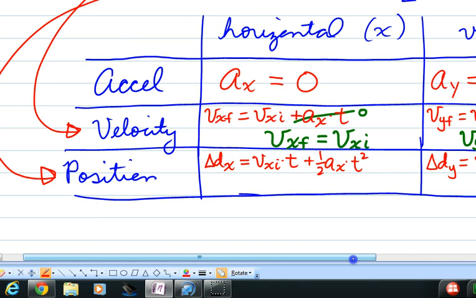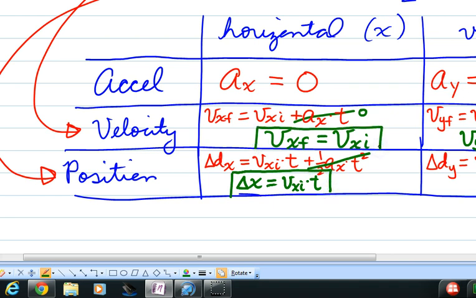So there's position. We'll do x position first. So sometimes for x position, instead of delta dx, we can just write this as delta x. Okay? Vx initial times time. And remember what we said ax was. ax was 0, so that whole term is gone. And this is our whole equation. Likewise, this. Okay?